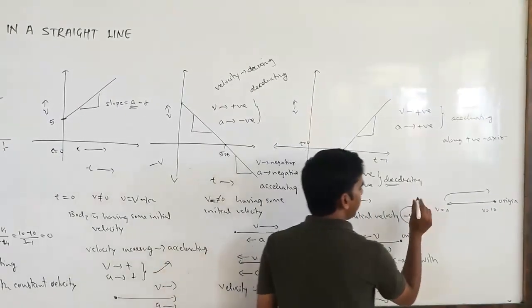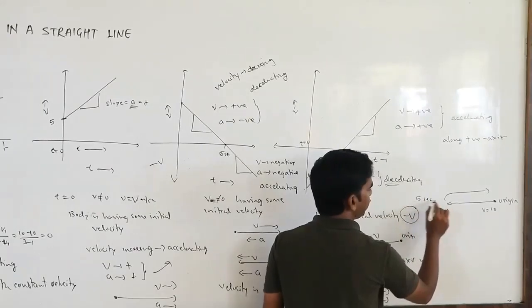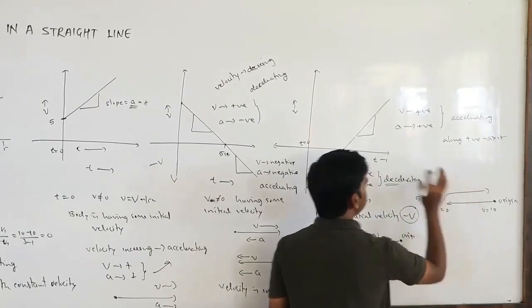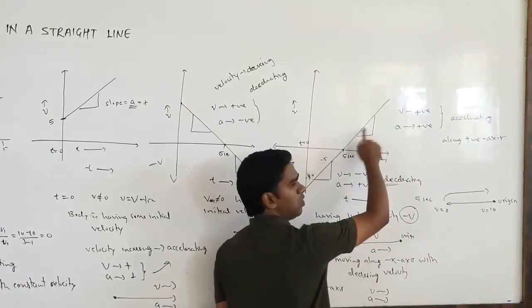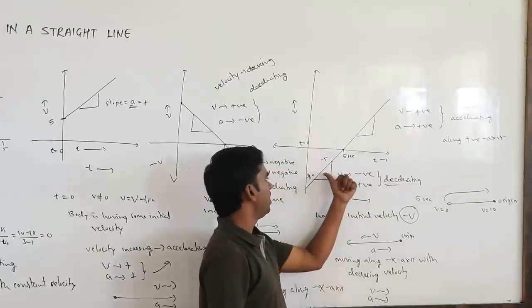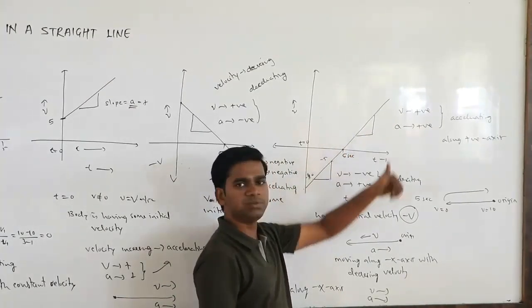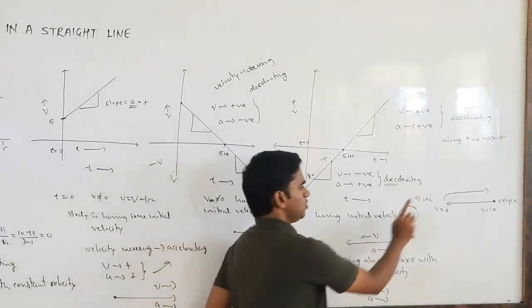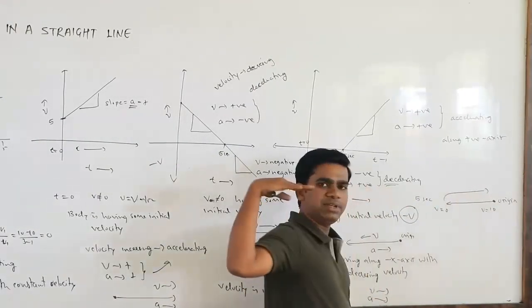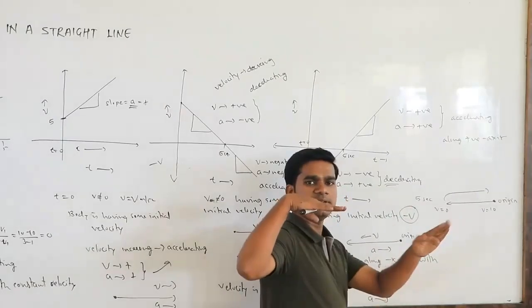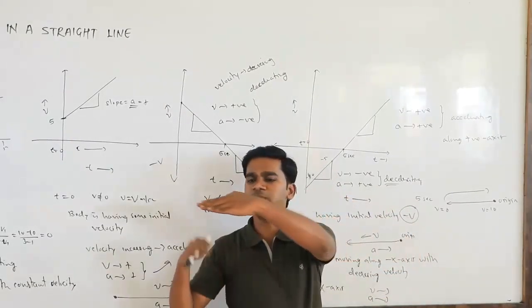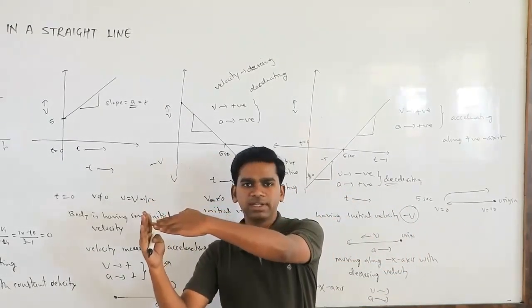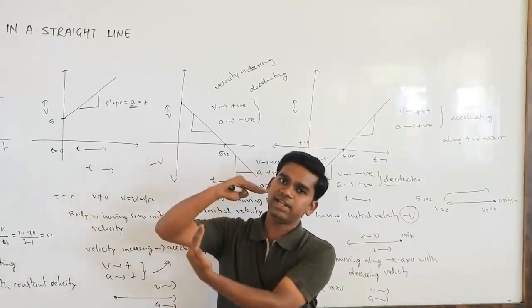After 5 seconds, it changes direction from negative velocity to positive, meaning the direction of the body is changing. It was going in this direction with high speed, you apply the brake, it comes to 0, then it changes direction.